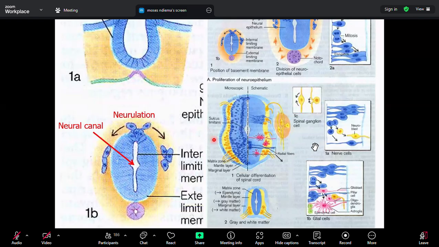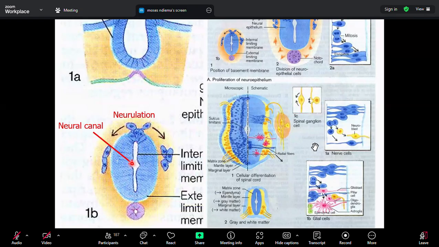I've said the dorsal part is stimulated by bone morphogenetic protein from the ectoderm, the ventral part by sonic hedgehog. So there is a rapid growth in the dorsal part and a rapid growth in the ventral part, creating a depression. So these cells in the dorsal part and these cells in the ventral part are separated by a depression.